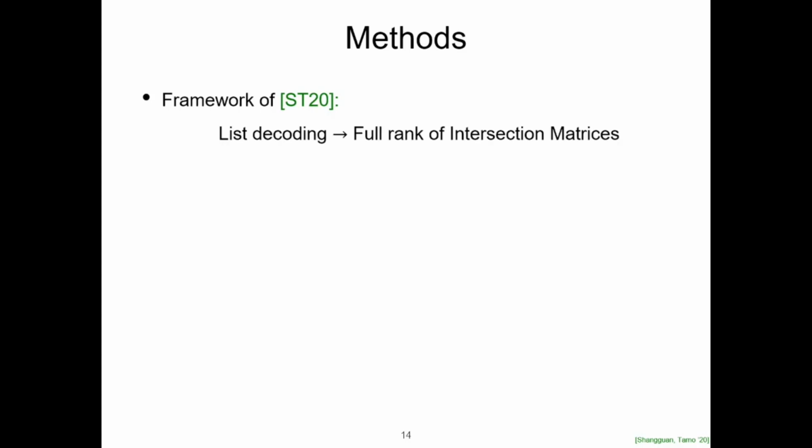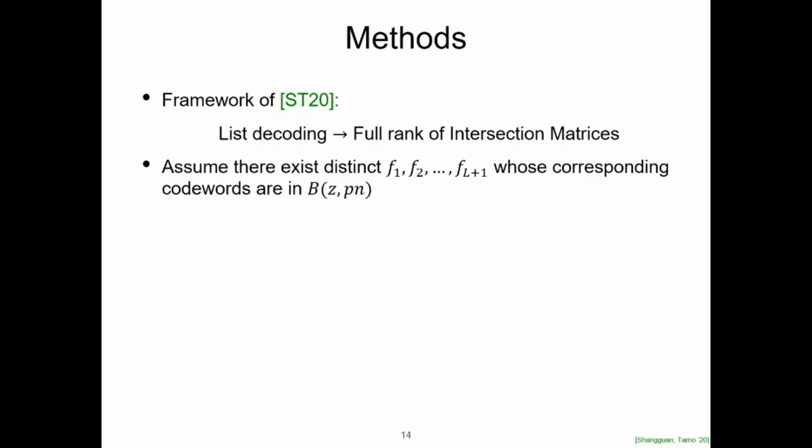The framework of Shangguan and Tamo reduces list decoding to the problem of proving that a certain matrix called the intersection matrix has full rank. And here's an idea. So we want to show that a Reed-Solomon code has list size L. So assume that this is not true, then there exist at least L plus 1 distinct polynomials f1 through f_{L+1} of degree less than k, such that the corresponding codewords are in a certain Hamming ball.